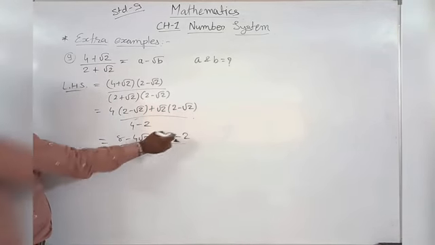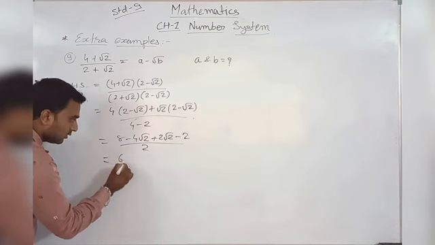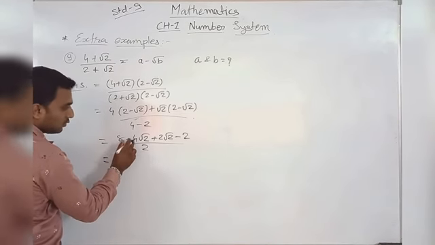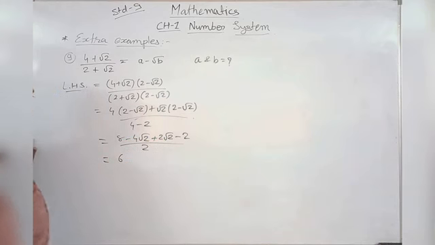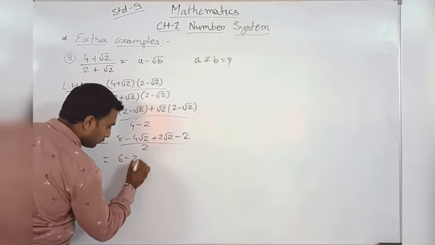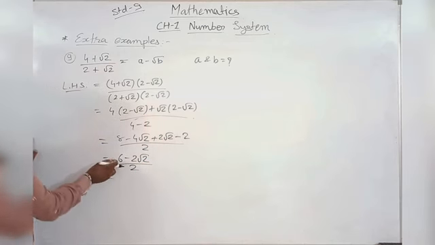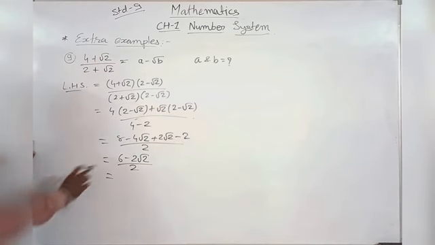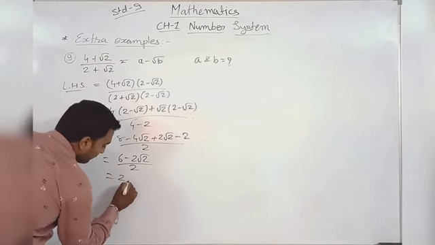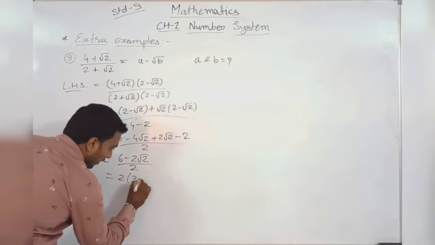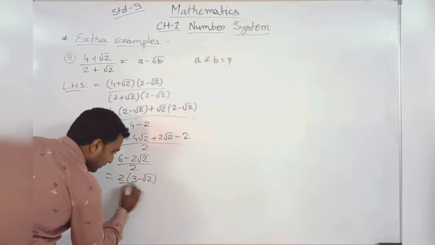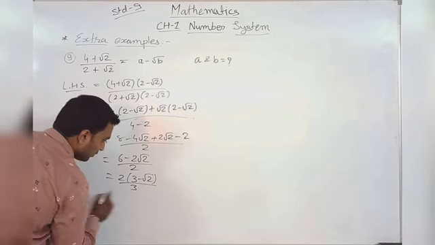Here 8 minus 2 is 6, and minus 4 root 2 plus 2 root 2 is minus 2 root 2. In the denominator 2, so 2 is also here and 2 is also here, so we carry out 2. So 3 minus root 2, and the denominator is again 2.